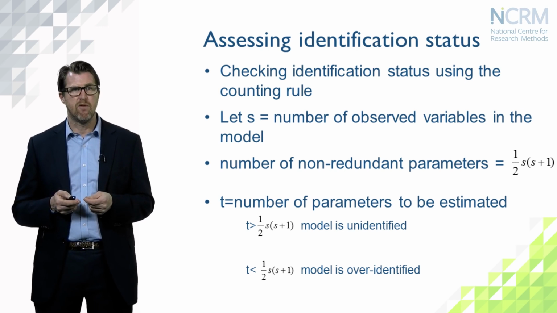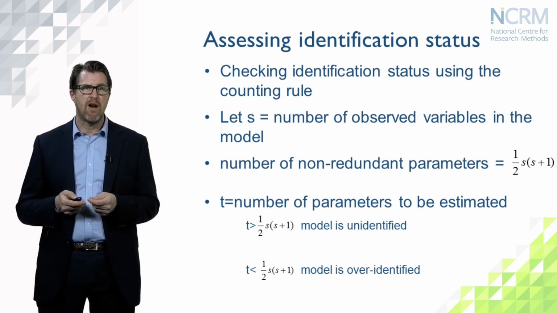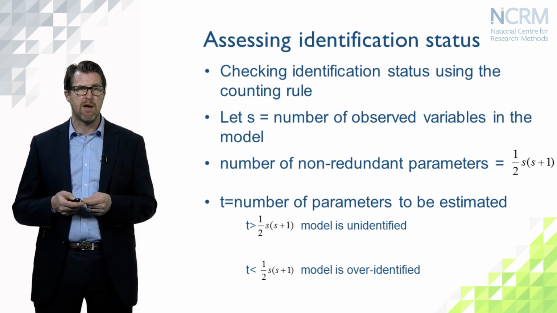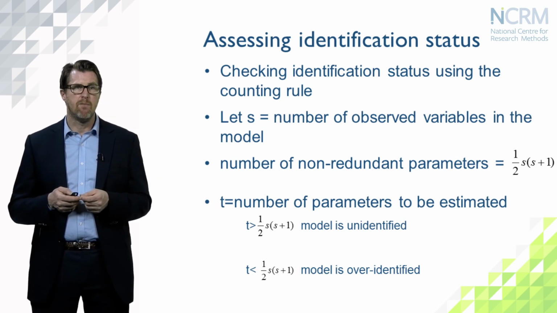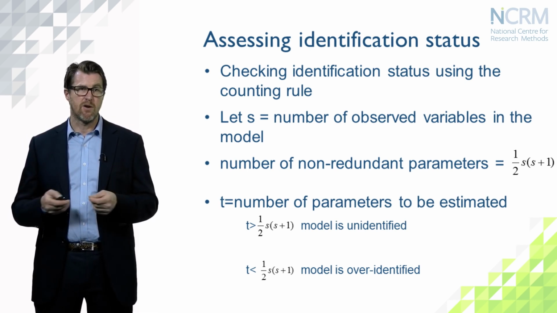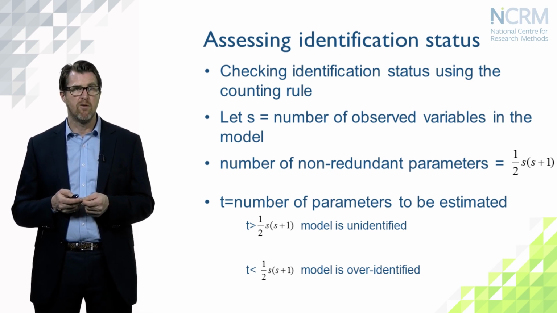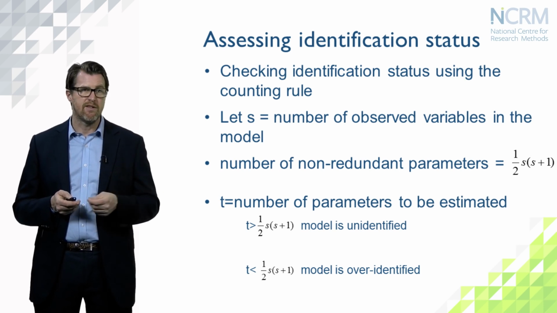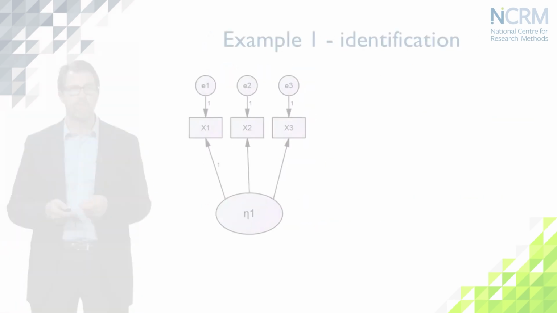Again, S is the number of observed variables, and T is the number of parameters that we are going to estimate in the model, the number of unknown parameters. So if T is greater than the answer to this equation, then our model is unidentified. We have more unknown parameters than we have non-redundant parameters. And if it's less, then we have an over-identified model.